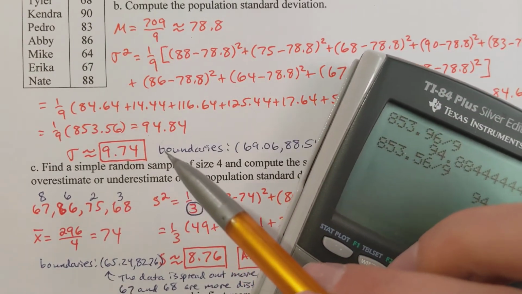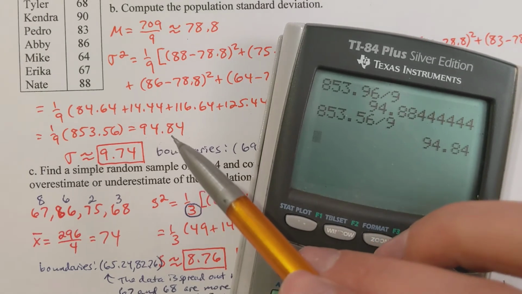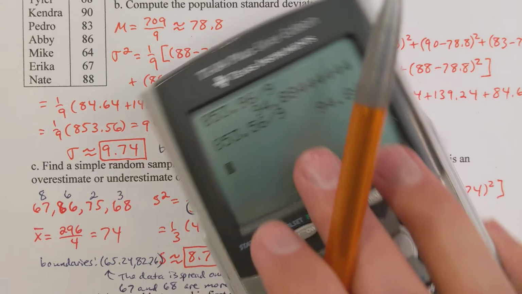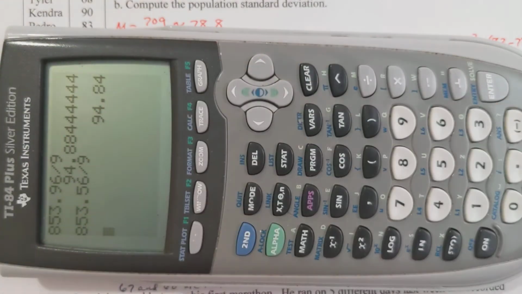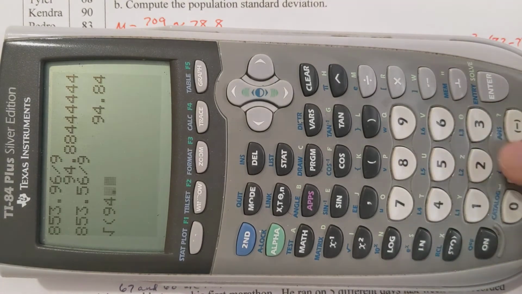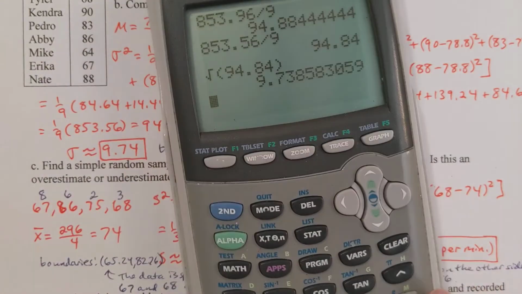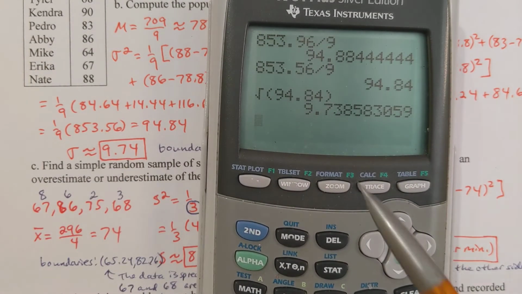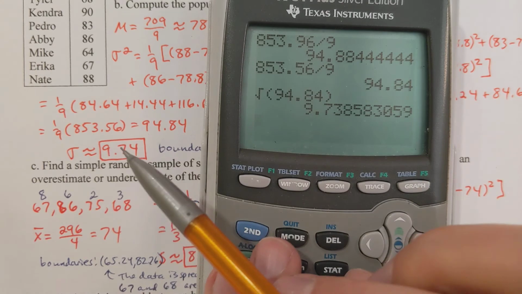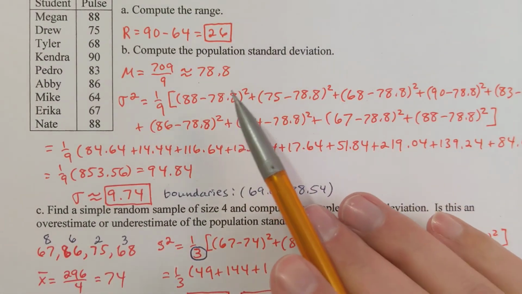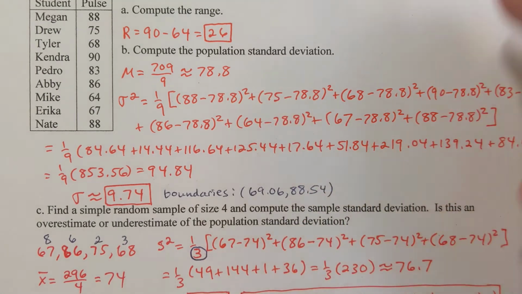And now when I take the square root of 94.84, that's going to get me the standard deviation. So I take the square root of 94.84, I get roughly 9.74. So 9.74 is the standard deviation. That would be my answer to part B, when I compute the population standard deviation.